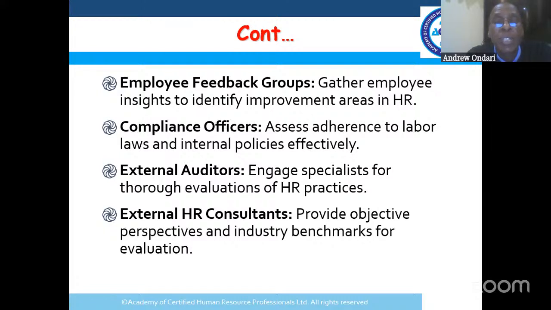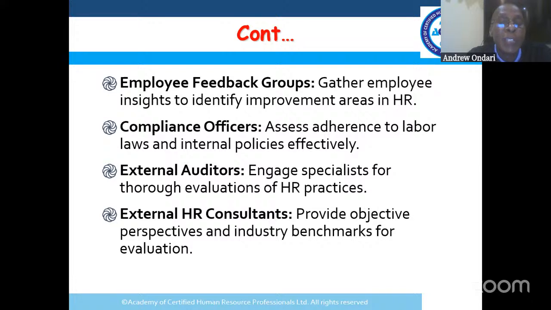So you can structure your questionnaire based on the various HR functions like recruitment, training, performance management, compensation and benefits, and ask questions about the adequacy of all those areas, how effective they are, and whether there are any areas of improvement.